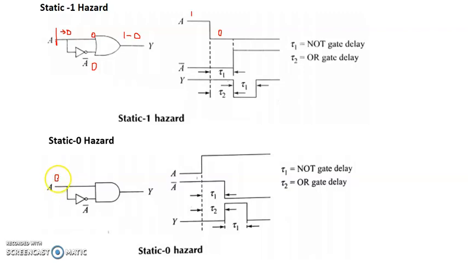When the input was 0, the output across the inverter after a certain period of time was 1. So 0 and 1, the output was 0. When there was a change in the input across A from 0 to 1, till this time period it is 1 only. 1 and 1, the output has changed to 1.